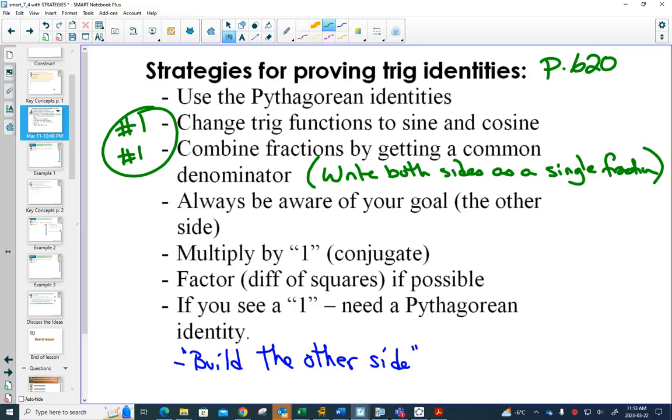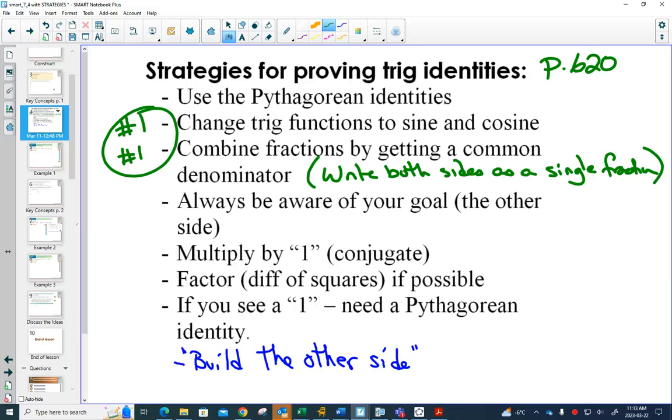Usually that's the first thing that you're going to try, and most of the time, that's enough. That's going to get you able to solve the majority of your proofs.